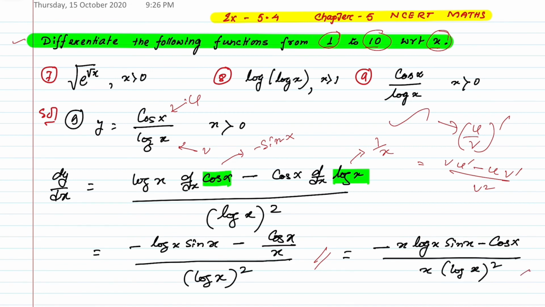So this is how you can write the answer. So maybe in your book the answer may be in different form, but it is not wrong. Okay, so now let's move on to next question.